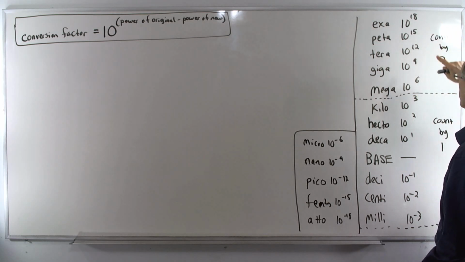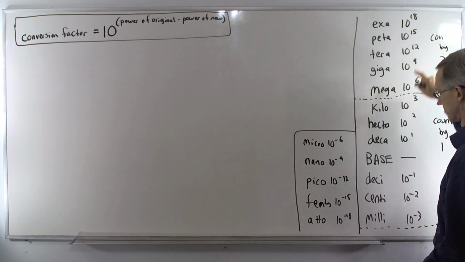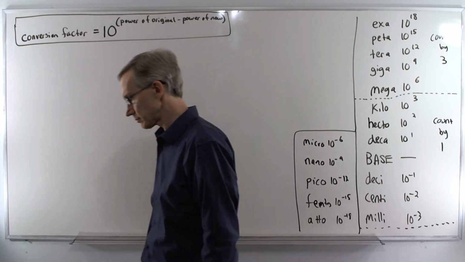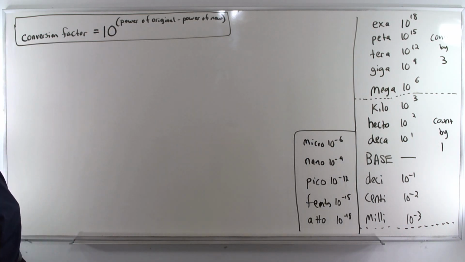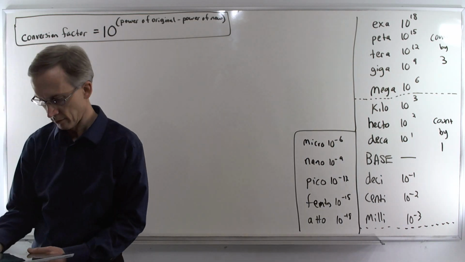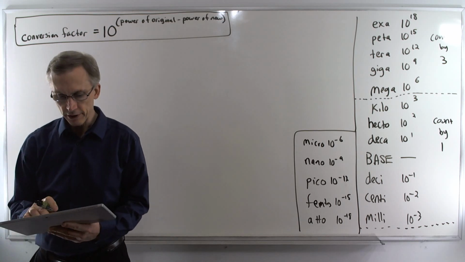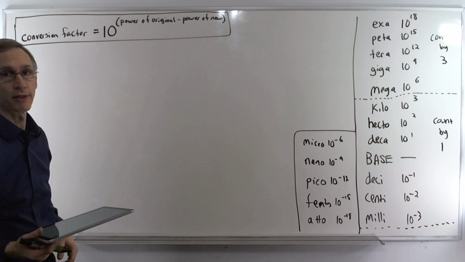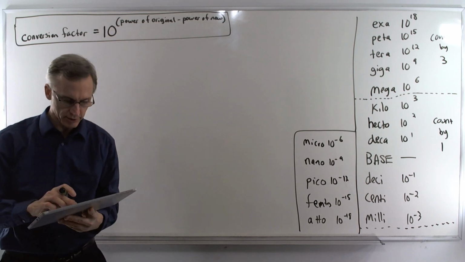And up here, we're going to count by 3s because those are all changing by powers of 3. And then the result of counting becomes the power of 10, just like the subtraction becomes the power on that 10. So let's see how this works.